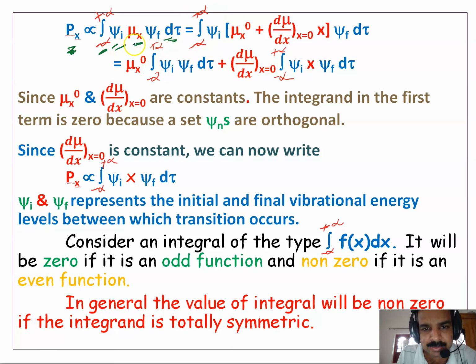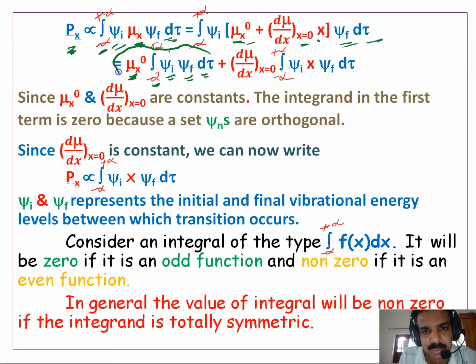And now, what is this μx? μx is equal to μx0 plus dμ/dx at x equal to 0, times x. Here μx0 and dμ/dx at x equal to 0 are constants, so they can be taken outside of the integration. So we get μx0 times the integral from minus infinity to plus infinity of ψ_i ψ_f dτ.